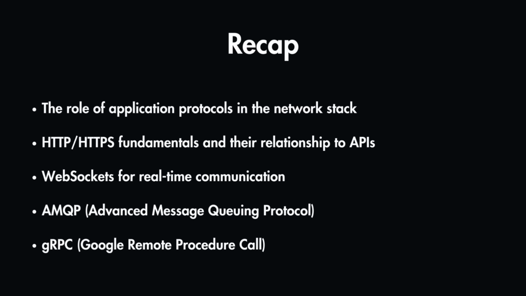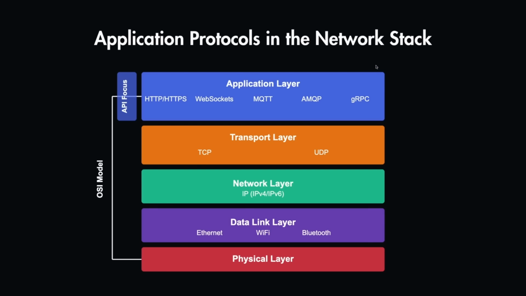And the main advantage of this is that it's a high-performance RPC framework, which uses HTTP/2 for transport. So we discussed the application layer, which includes these protocols that we usually use for building APIs. But we don't know yet about the transport layer, which includes TCP and UDP.